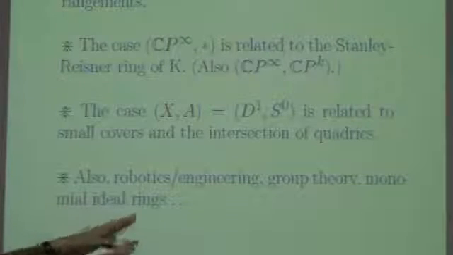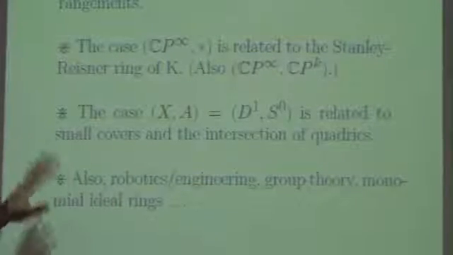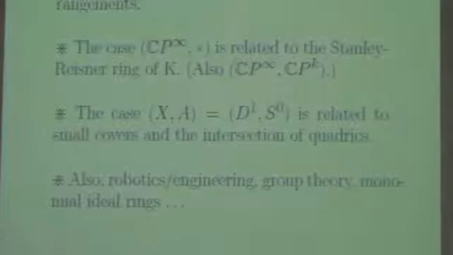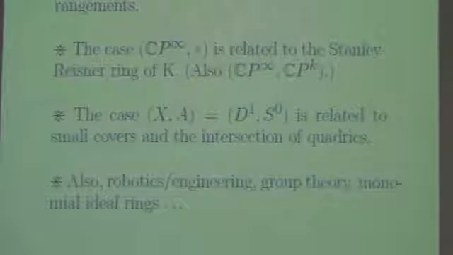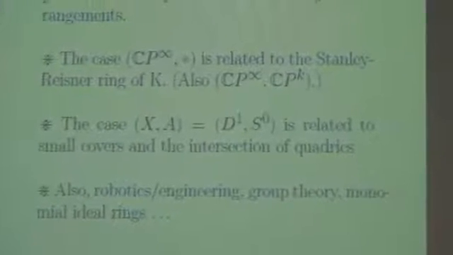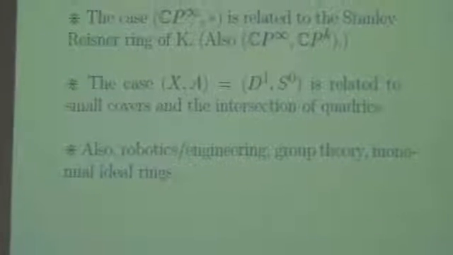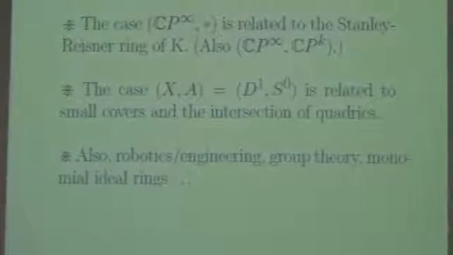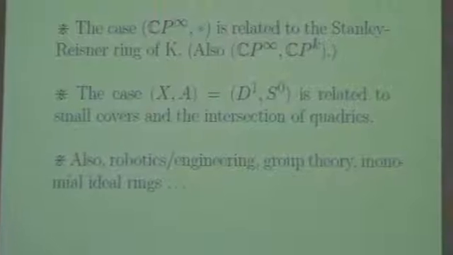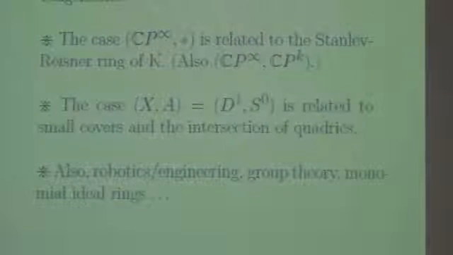Also in robotics, engineering, group theory, and monomial ideal rings, we just used these things to prove a theorem that you can realize any monomial ideal ring with a topological space. And in fact, Fred has been working with some engineers, and there is a movie of a robot, like a spider, climbing over impossible obstacles using moment angle complexes.